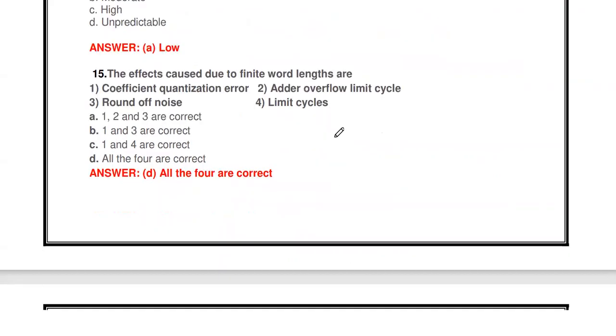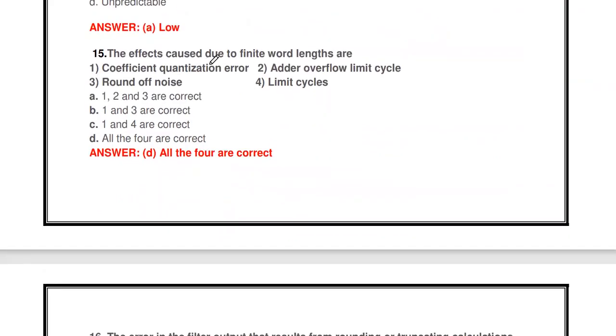Then the next one, the effects caused due to finite word length are coefficient quantization error, round off noise, adder overflow limit cycle. So what are the effects due to the finite word length effect? We will get coefficient quantization error, input quantization error, overflow limit cycle, round off noise. All four are the correct answer.